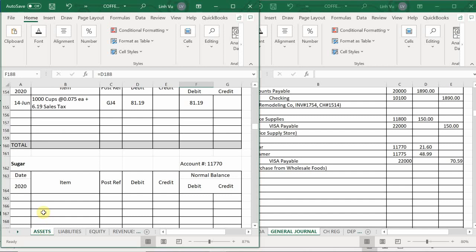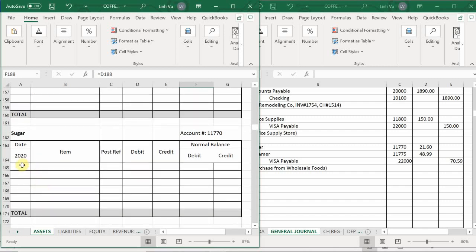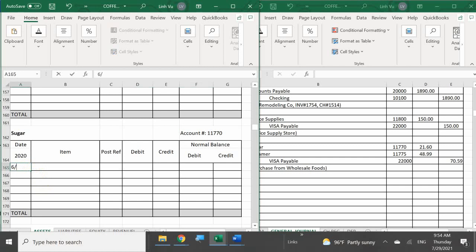Then we're going to our assets, and we go to sugar, which is right under large coffee cups, and we're going to journalize 6/15. We're going to put in sugar. How many pounds of sugar? We got 60 pounds of sugar.